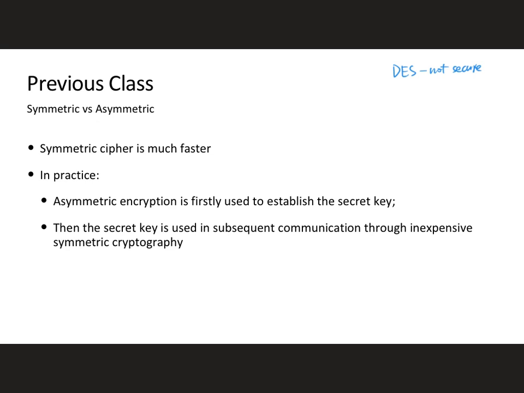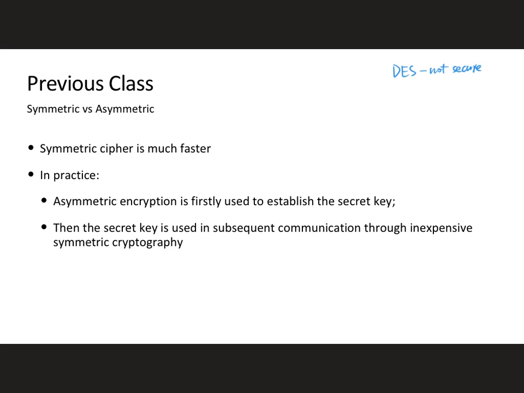And symmetric encryption methods are much faster than asymmetric encryption. In real world applications, even though RSA and elliptic curve, these asymmetric encryption methods, are still safe to use, they use more computation resources and they are much slower than symmetric encryption.